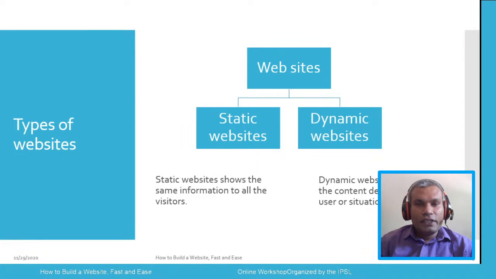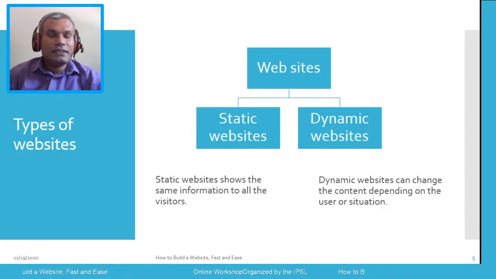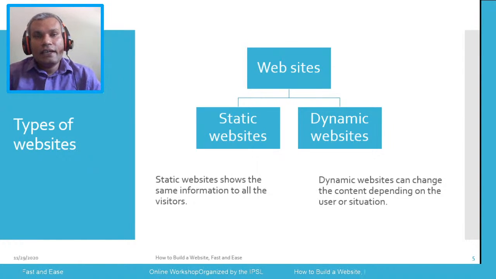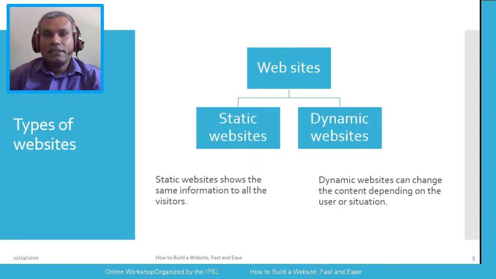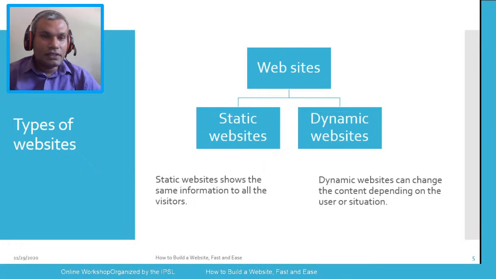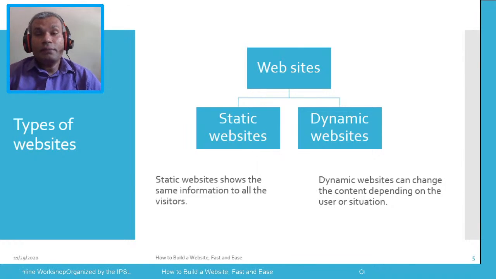Now there are two different types of websites: static websites and dynamic websites. Static websites stay the same regardless of the person or the situation. They have a wide variety of applications. Let's say you are a company.